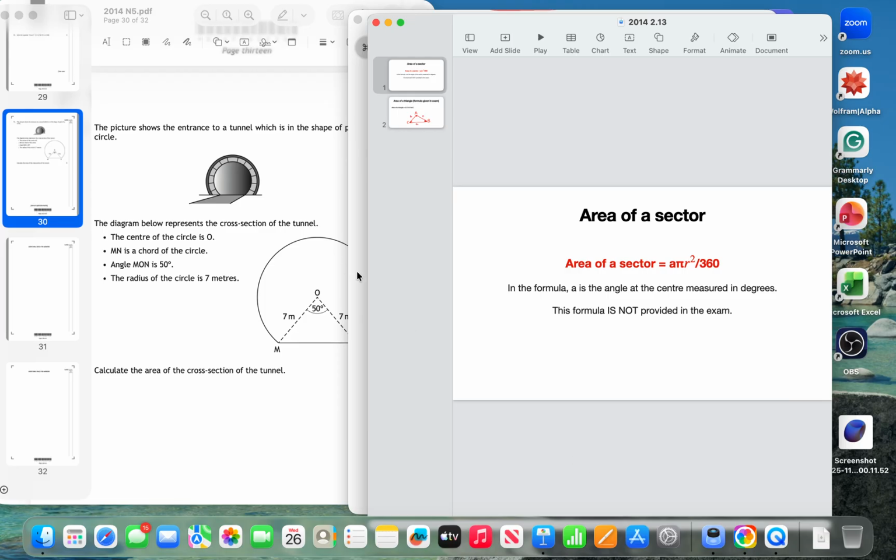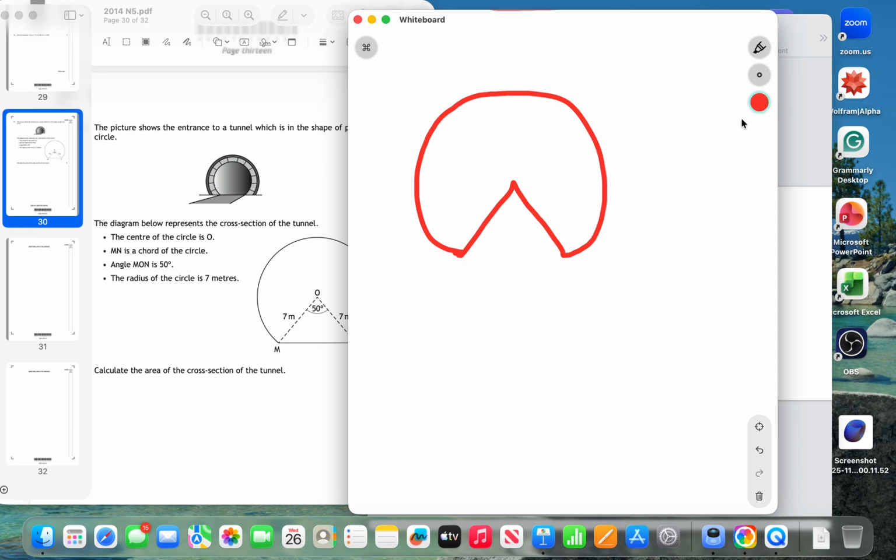Now, we need to know the angle, but the question tells us that this angle is 50. So this is 50. And we need to then find the relevant angle to substitute into the formula. But the angle we need is the one inside the sector. It's this one. So that's going to be 360 take away 50 is 310. So that is 310.